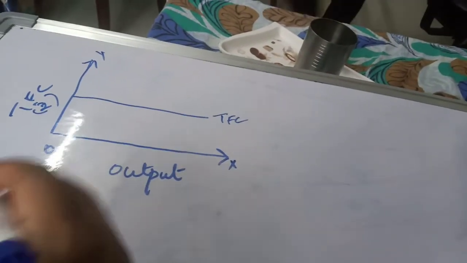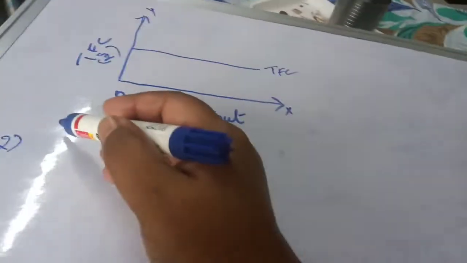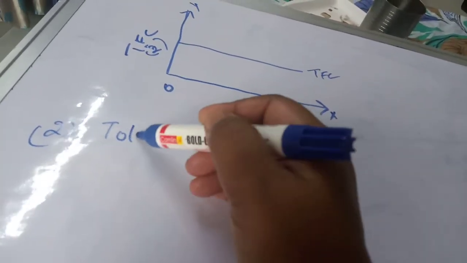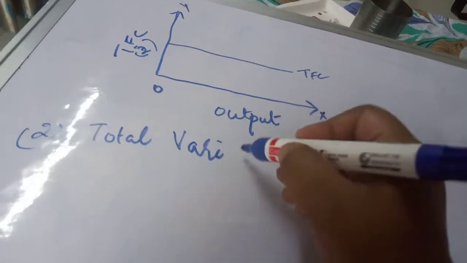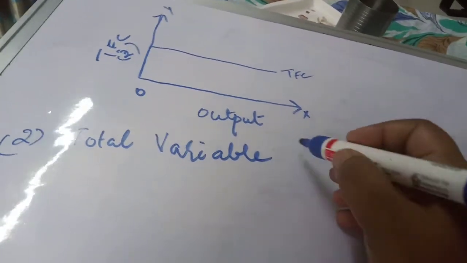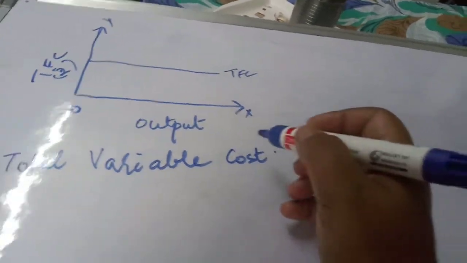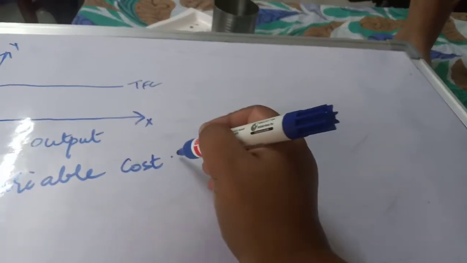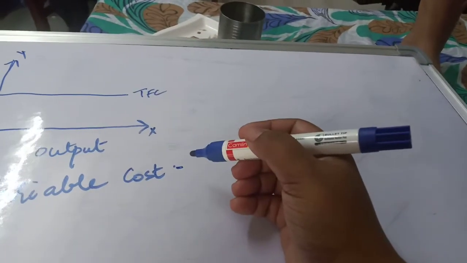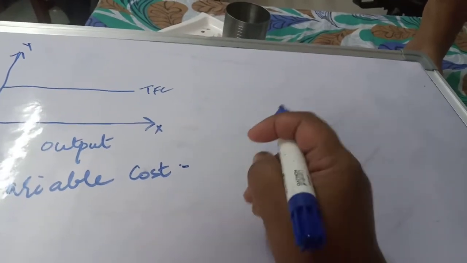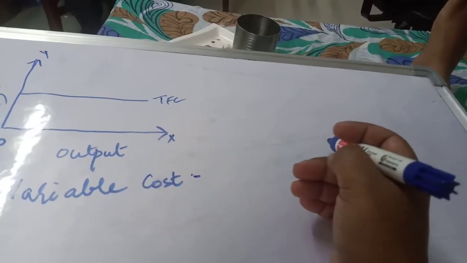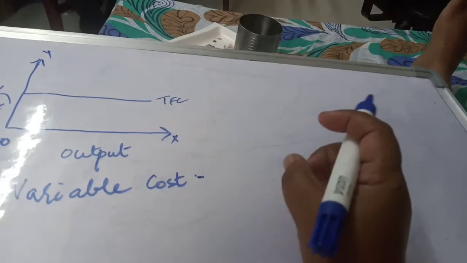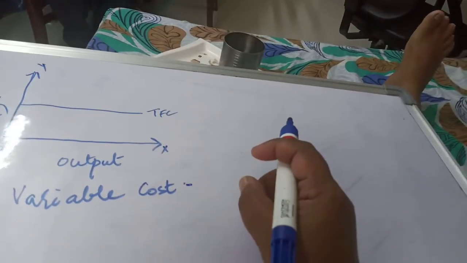The second kind of cost is total variable cost. Now, what is total variable cost? Total variable cost is the cost which varies with the change in the level of output, which means as you increase the level of output, the variable cost will also increase. So, what is actually variable cost?